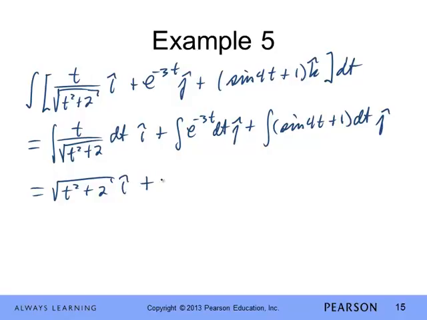i hat plus, actually that'll be minus, 1/3 e to the negative 3t j hat minus 1/4 cosine 4t.